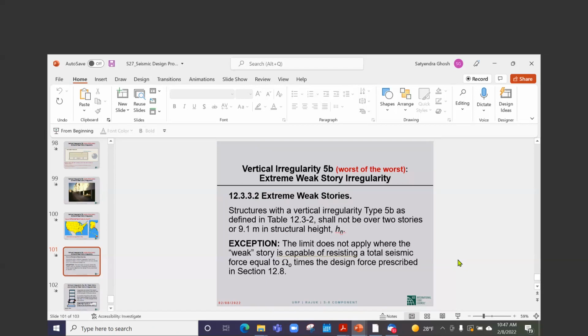Okay, Dr. Ghosh. The next question is, what is the response modification factor for tubular structure? Tubular structures are not allowed. We will discuss this tomorrow, or when we have the strong column weak beam requirement.